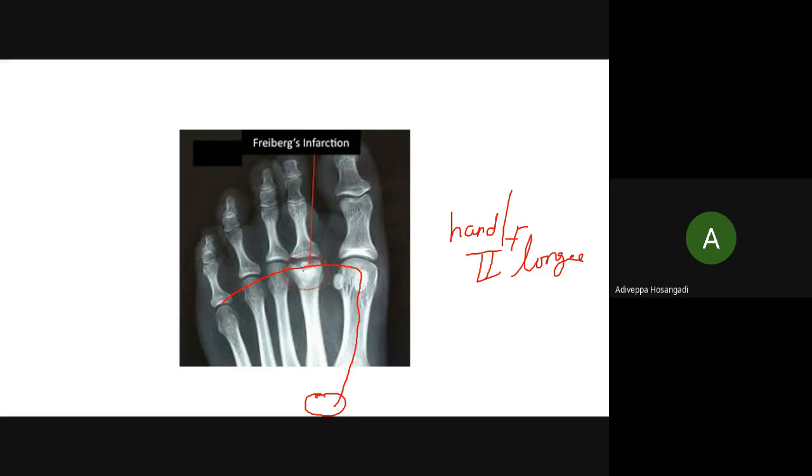Here your second metatarsal head is a little longer. 80% of the weight is on the ball of the toe, 20% is on the four toes. Of this, the second metatarsal takes more weight. So Freiberg is osteochondritis of the head of the second metatarsal bone. Just picturize this, you will never forget.